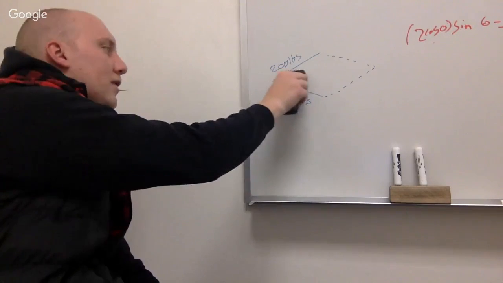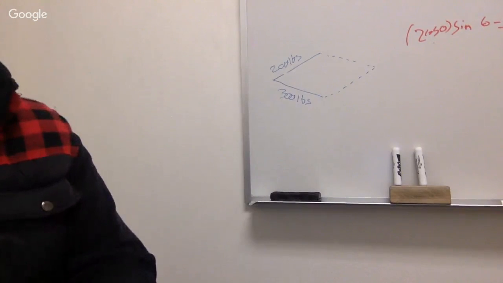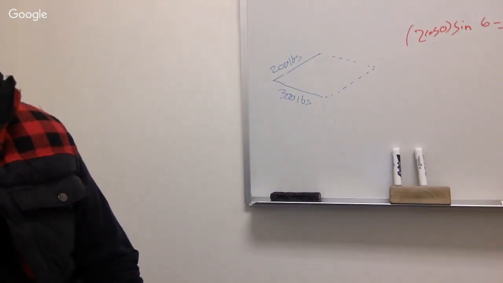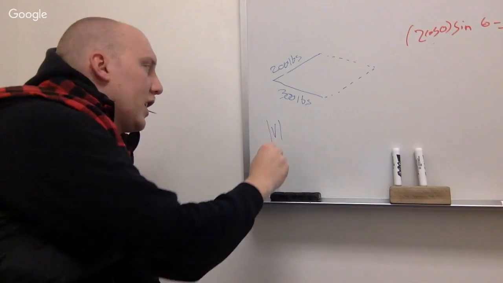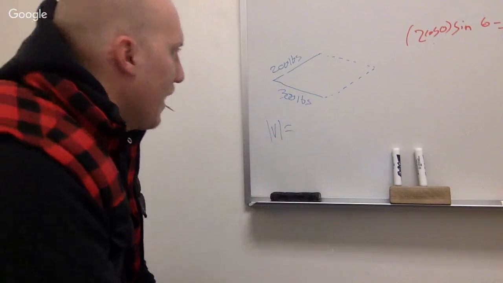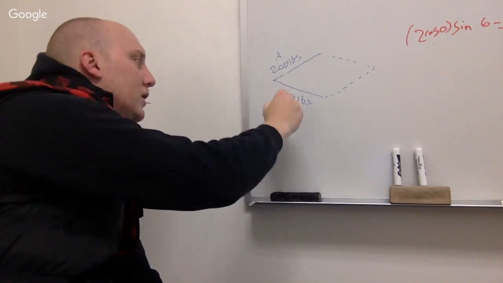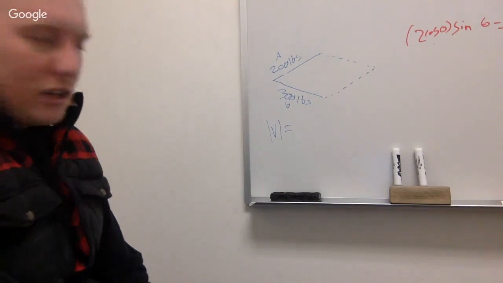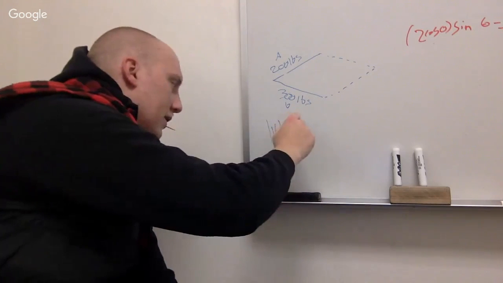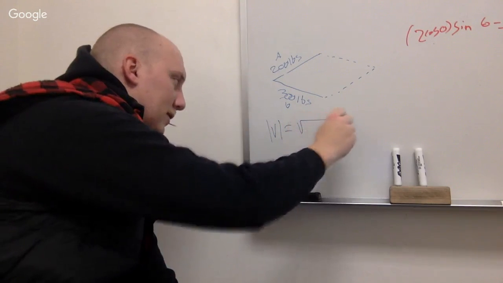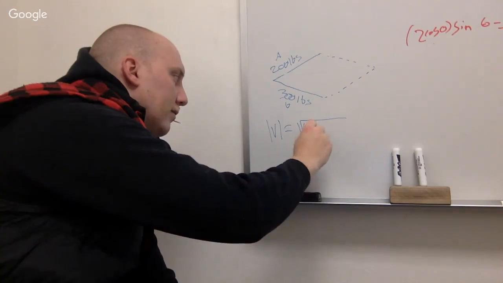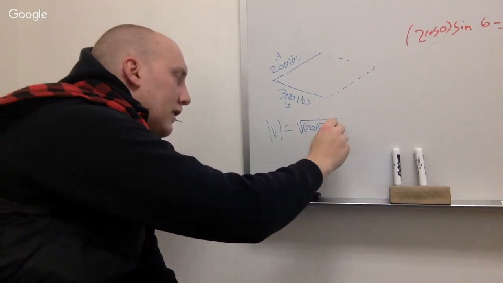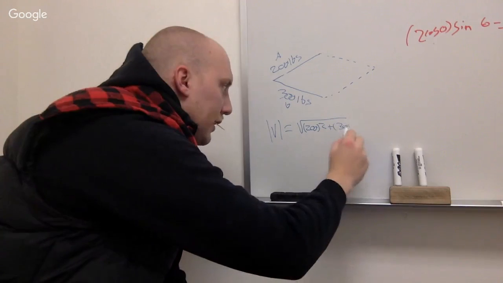So, if I know how to do magnitude correctly, the magnitude is just the resultant vector, right? So we got V equals A. Let's say this guy's A, and that's B. So I'm guessing it would be 200 squared plus 300 squared.